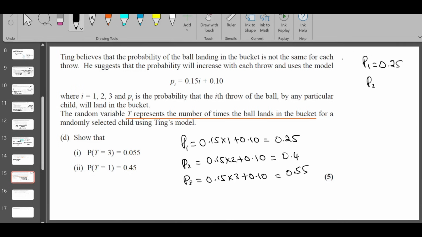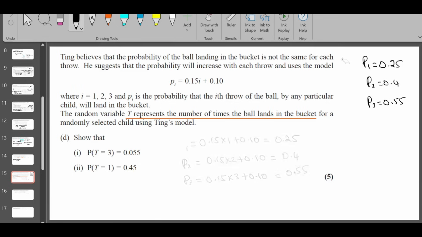0.25, 0.4, 0.55. Now show that P of T is equal to 3. What do they mean by T is equal to 3? That means 3 times out of 3 throws, all 3 times the ball lands in the bucket.